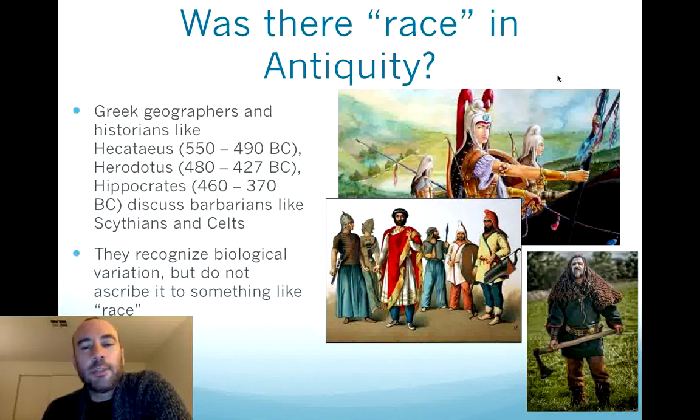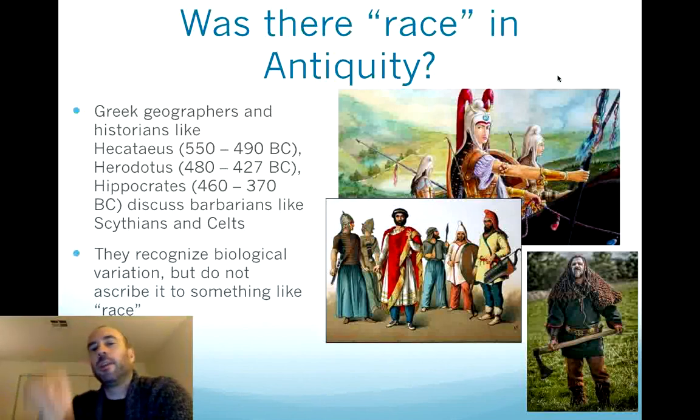And so they would discuss people like the Scythians, who were prehistoric tribes, prehistoric meaning that they didn't have the written word in their own society. In Central Asia and Eastern Europe, they were nomadic.